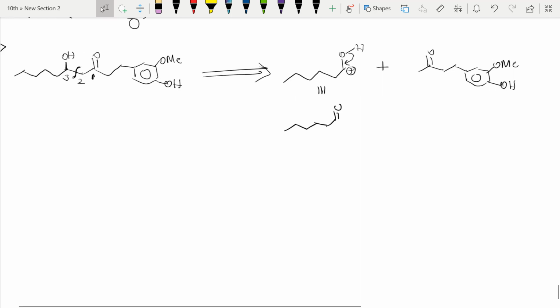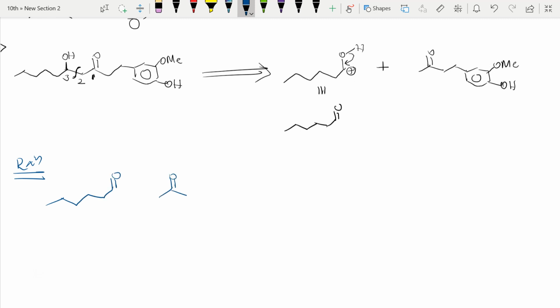So if I want to write the reaction, how will I write it? See, a simple reaction. I'll take the last two products. See, this is the aldehyde I will take, and here I will take the ketone, OMe, and OH, right? In the presence of base I will add, let me take OH minus, because this proton will be acidic, so it will take this proton. Why is it acidic?